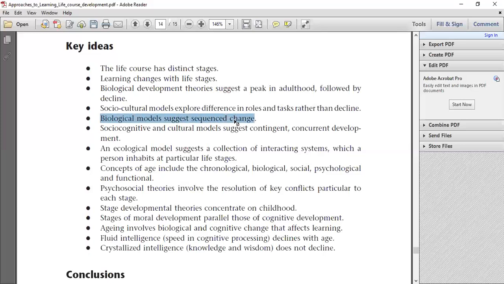Biological models also suggest that these changes are sequenced. It's not that today I'm here and tomorrow I'm going to be there; it is going to be an inch or a few centimeters per year. So it is sequenced.